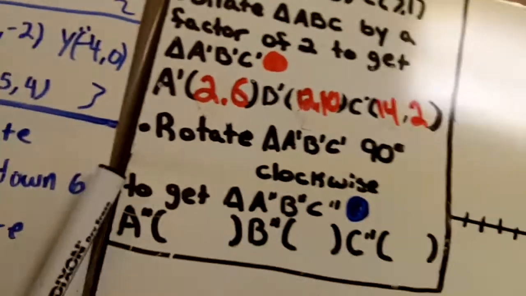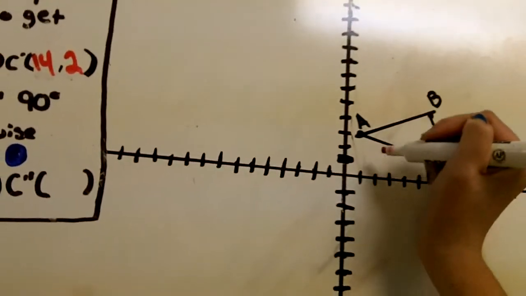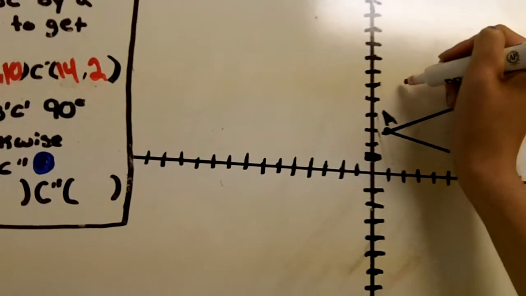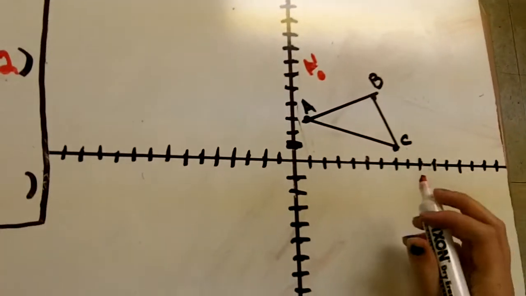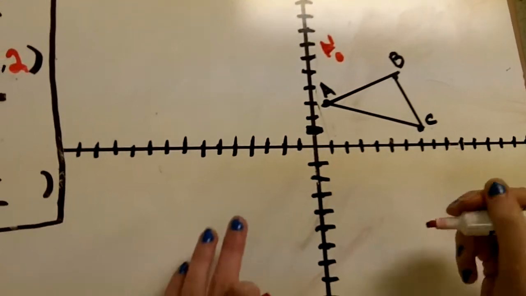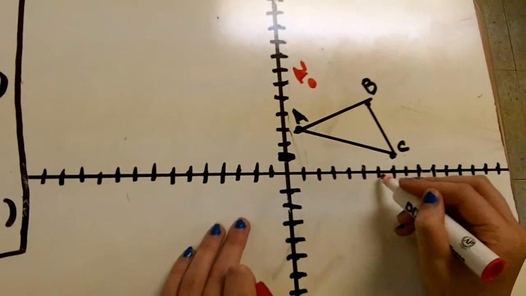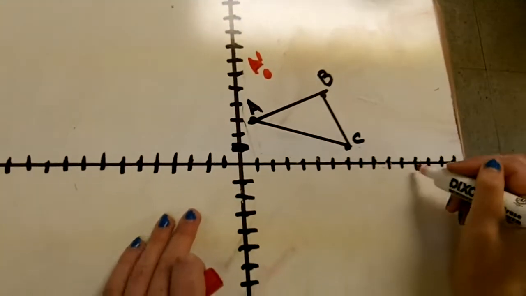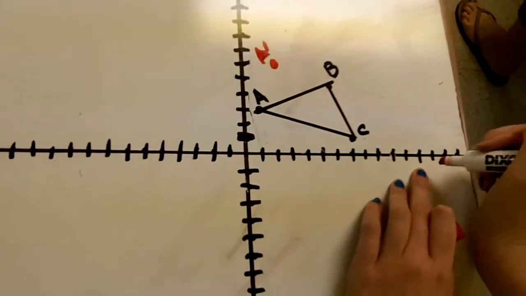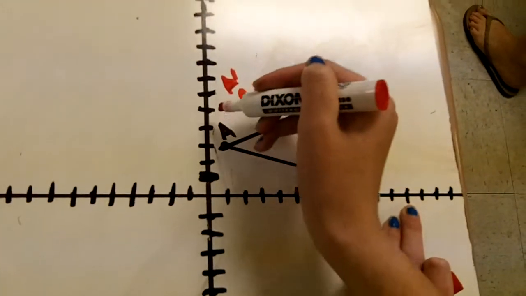Now we're going to graph those. A prime will be 2, 6. There's our A prime. B prime, 12, 10. So we're going to go over 12, and up 10.